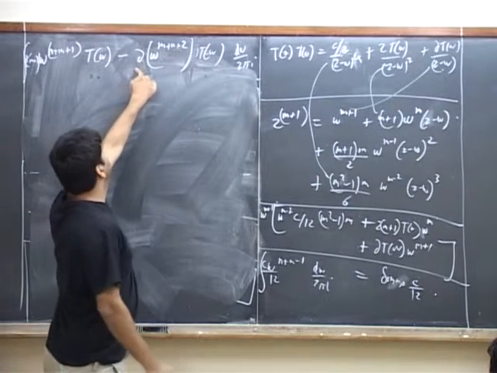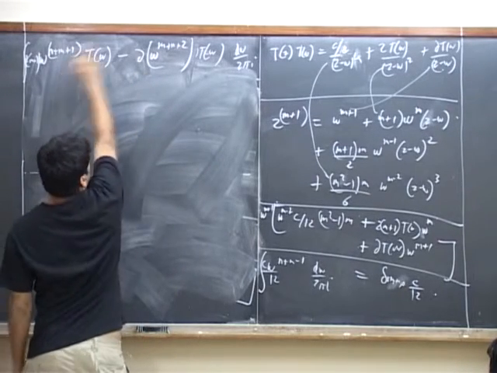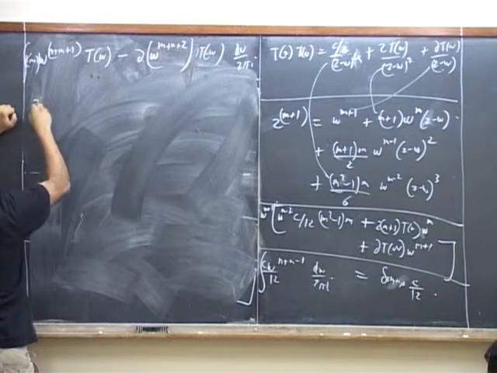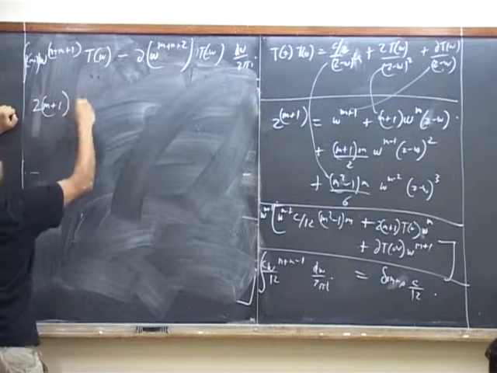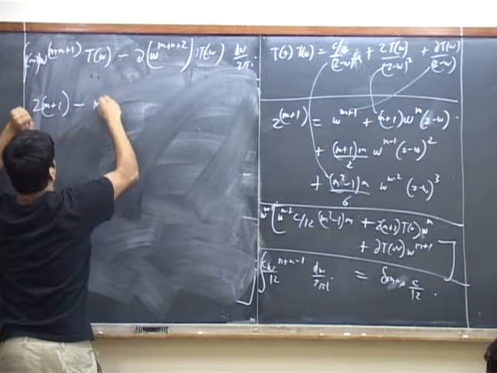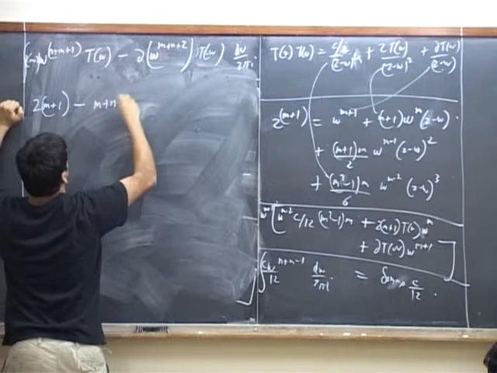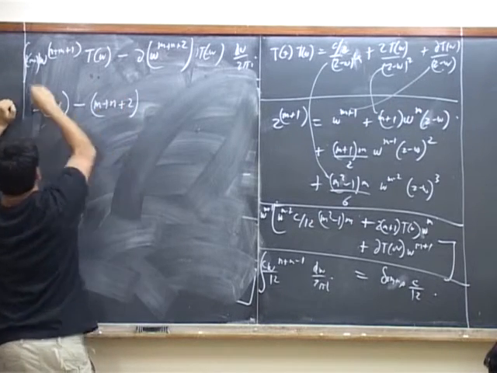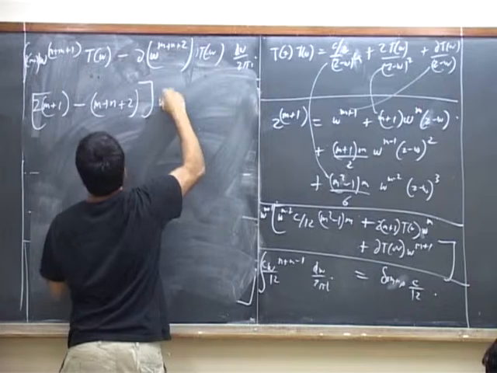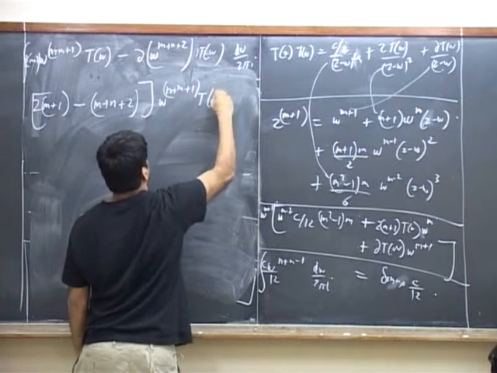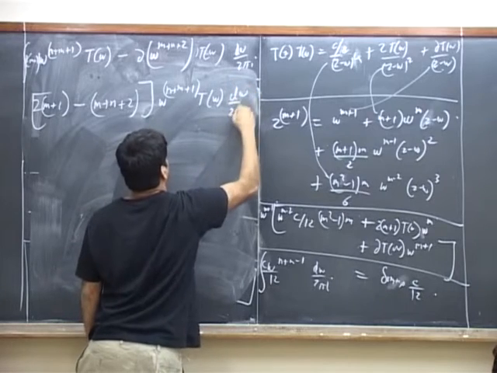Now, this minus sign in the derivative makes this power the same as that, but makes the constant, which was here 2 into n plus 1, minus m plus n plus 2, and then the whole thing is w to the power n plus n plus 1 into dw by dt.